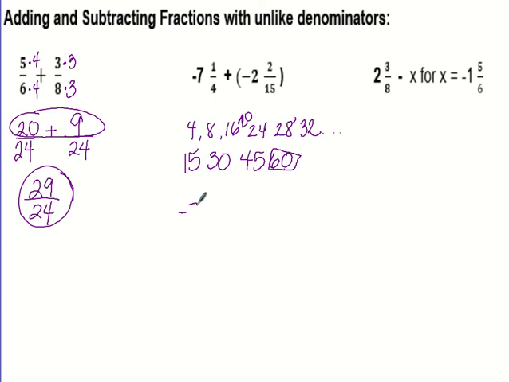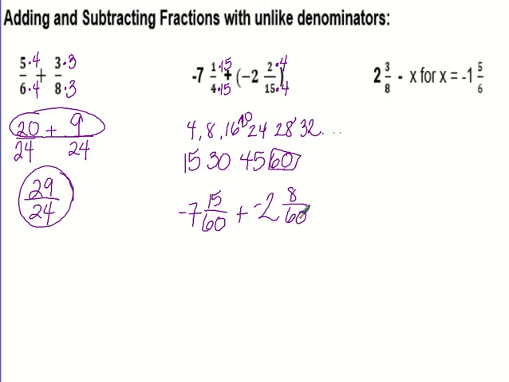So we're going to go negative 7. And then we're going to times this by 15, and we're going to times this one by 4. Sometimes you have to do that. So we get 15 over 4, not 4, 60. And we're going to add it to negative 2 and 8 over 60.